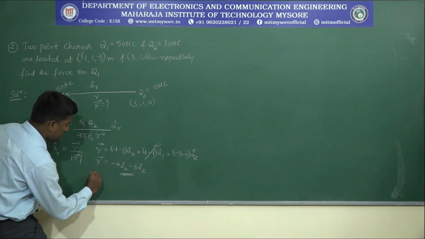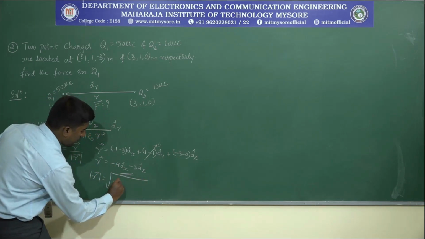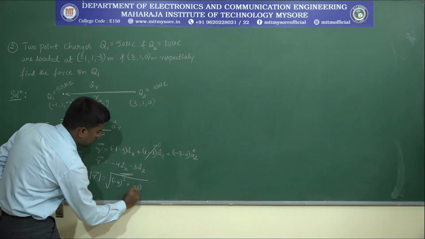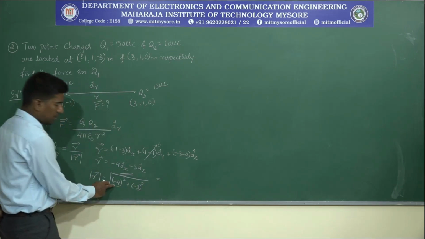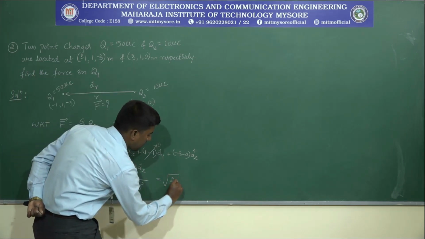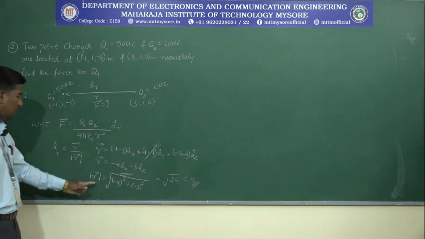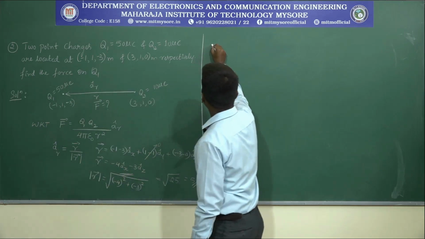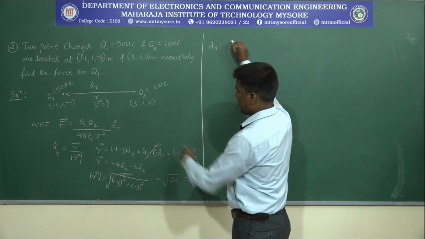Magnitude of r is equal to square root of minus 4 square plus minus 3 square, which is given by how much? 16 plus 9, square root of 25, which is equal to 5. Magnitude of r is 5. Therefore the unit vector a cap r is equal to how much?